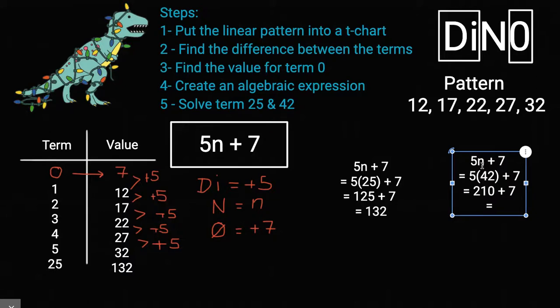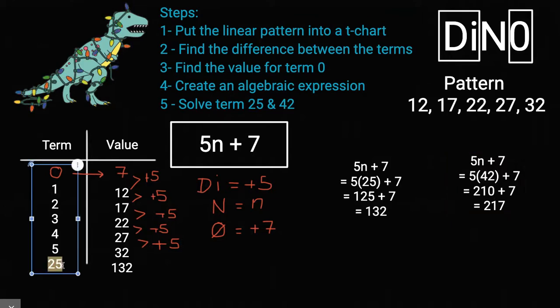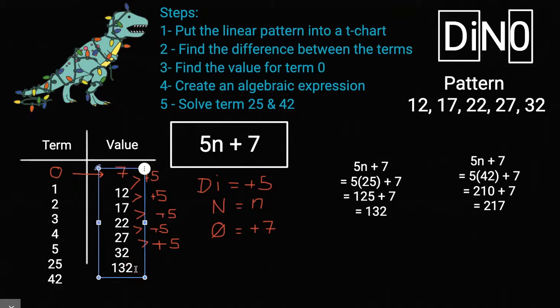And so when my term is 42, my value will be 217. So I can just place that here. When my term is 42, my value will be 217.